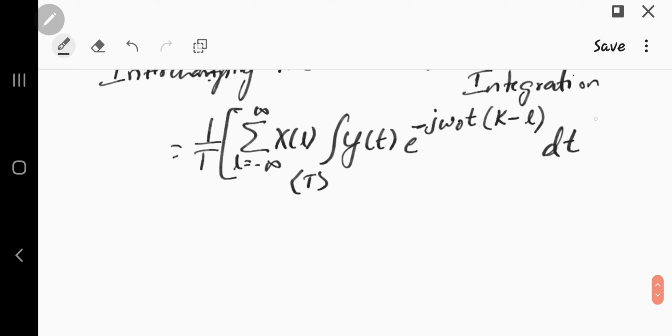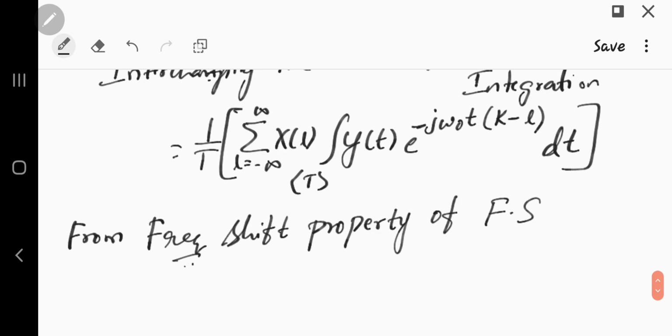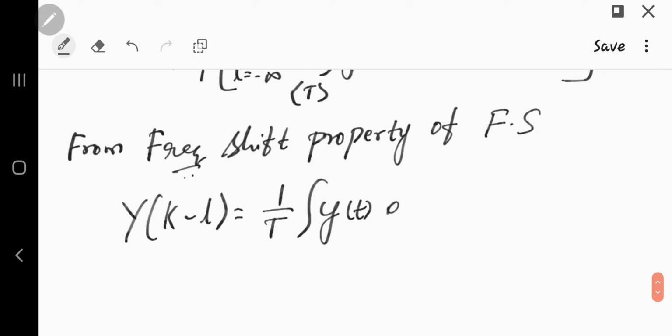Now if I look back at the frequency shift property of Fourier series, from that I can write y of k minus L is equal to 1 by T integral of y of t e power minus j omega naught t into k minus L dt.